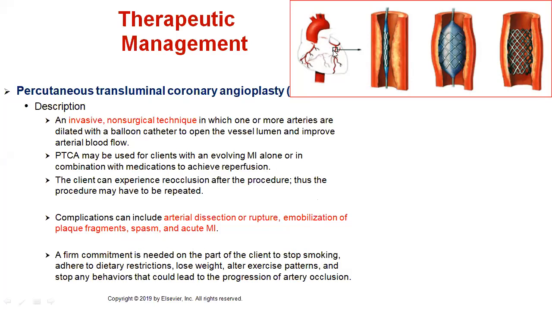So like this is the artery in the heart, maybe this artery is narrowing or atheroma develops. You see the stent passing, then dilating the arteries, and the mesh is left there.